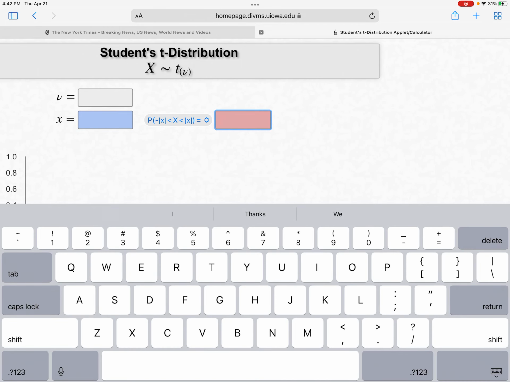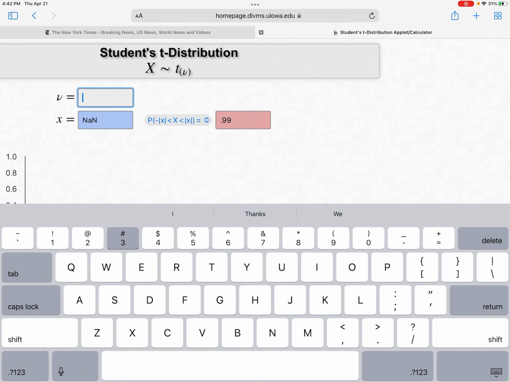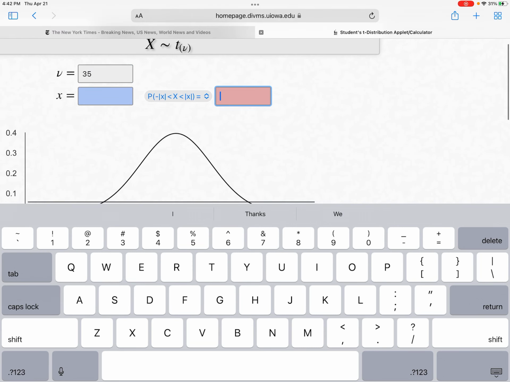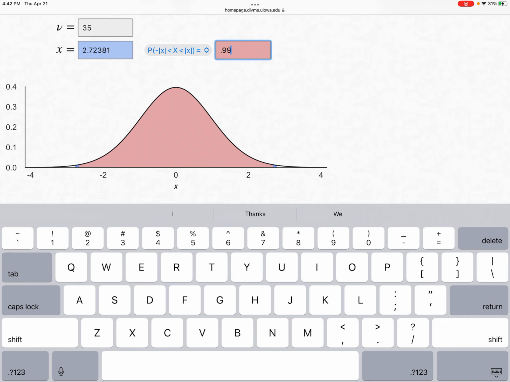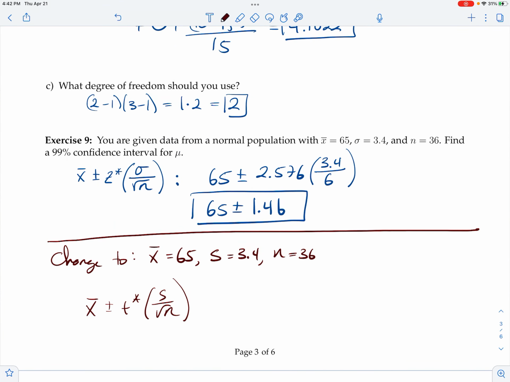I want 99% of the situation. I know n is 36, so I'm going to use 35 degrees of freedom. And I run this. I've got to redo that because I changed the degrees of freedom. And I get 2.7238. So t star equals 2.7238.